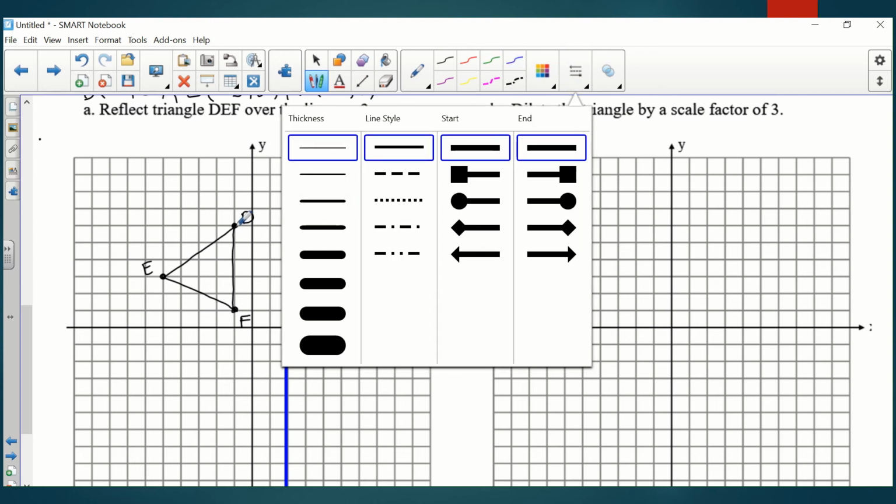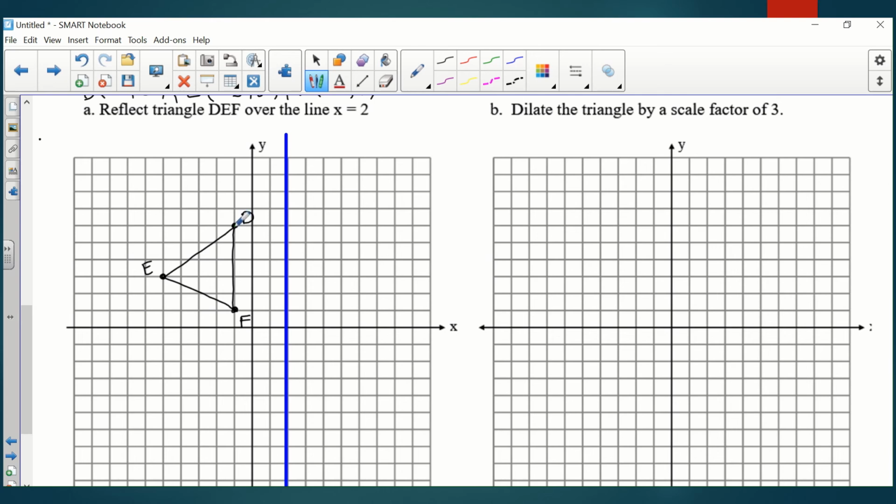I'm going to start at D and I'm going to say, okay, so D is located 1, 2, 3 to the left of x equals 2. So D prime is going to be 1, 2, 3 to the right of the line x equals 2. And remember, we want D and D prime to be in line with each other. So E is located 1, 2, 3, 4, 5, 6, 7 to the left.